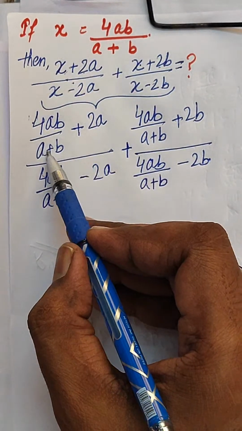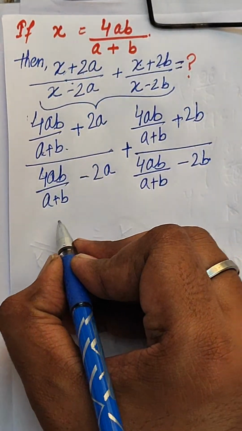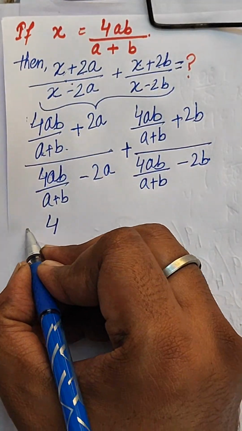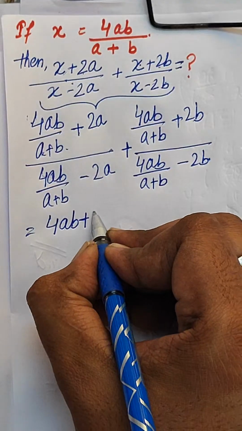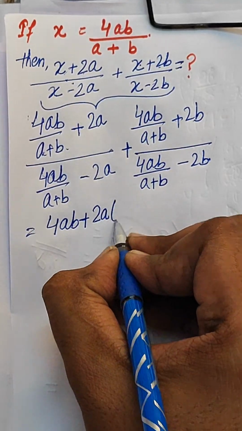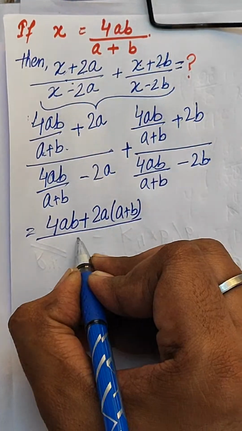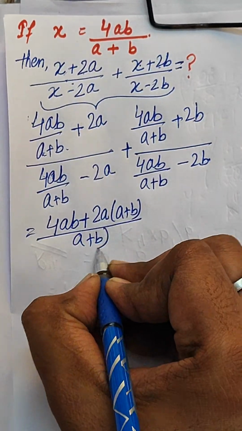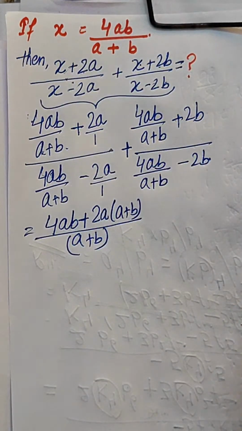Now here what we will do, we will take the LCM as a plus b. Then in the next line, our expression will be looking like this: 4ab plus 2a times a plus b, when a plus b is taken as LCM. Here it was 1, right?